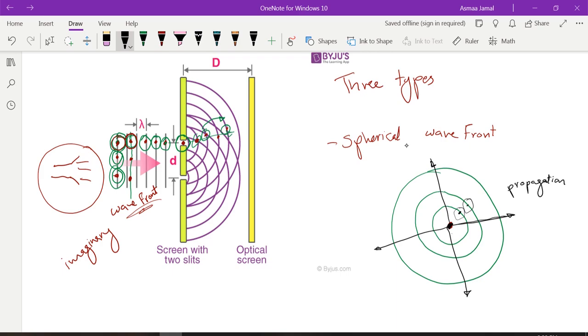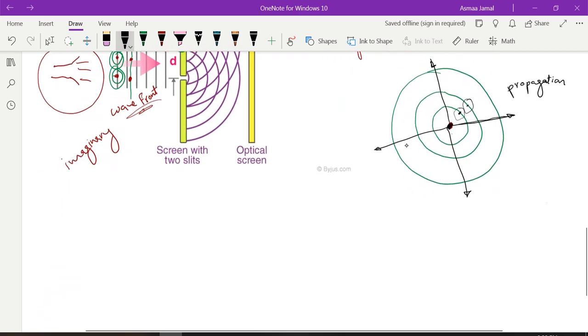The second type of wavefront is the cylindrical wavefront.